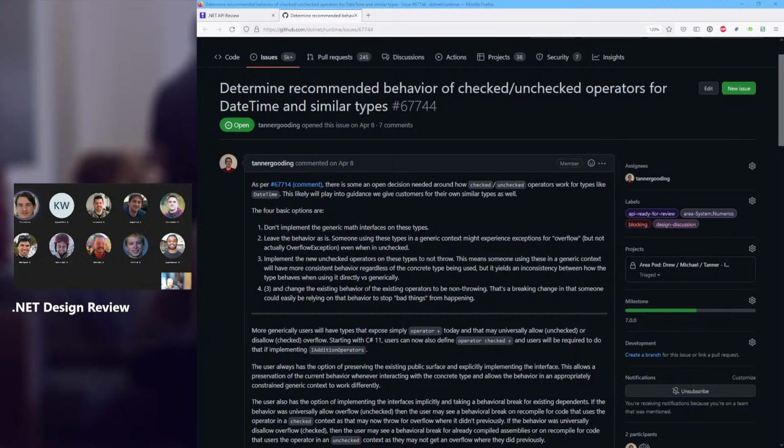In the generic context for conversions, you have to use the create APIs, which expose all three behaviors you may want. And so this general question comes down to, for the mathematical operators, such as addition, if a type has an existing behavior, for example, IntPtr was never overflowing today.